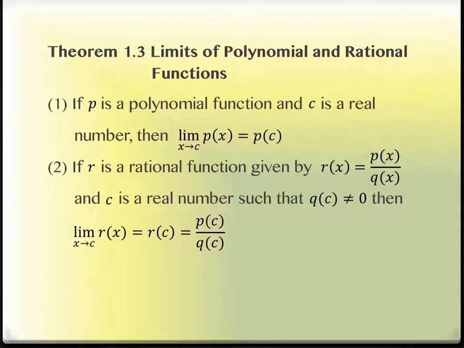Theorem 1.3. Limits of polynomial and rational functions. If p is a polynomial function and c is a real number, then the limit as x approaches c of p of x is p of c. So polynomials. Can somebody give me an example of a type of function that you know is a polynomial? Anybody remember any?